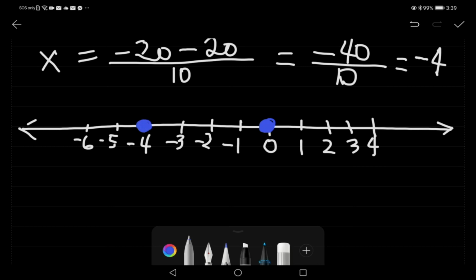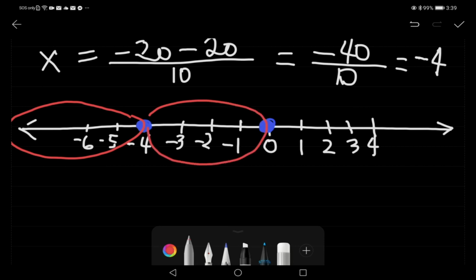So mag-test na ta diri sa first region. Kaning first region diri, kani second region, then this is the third region.